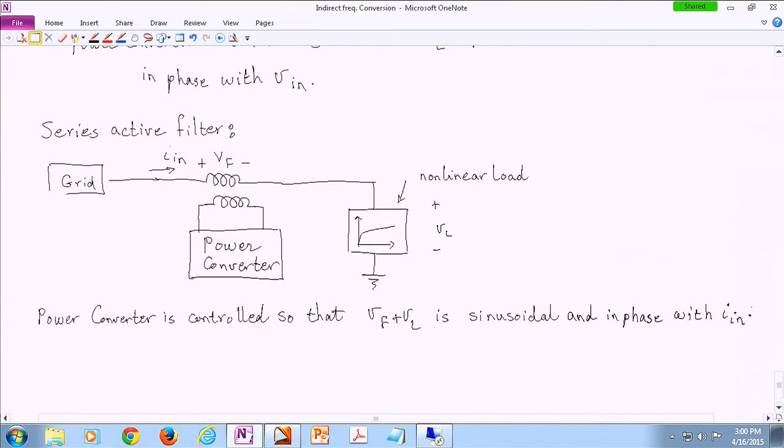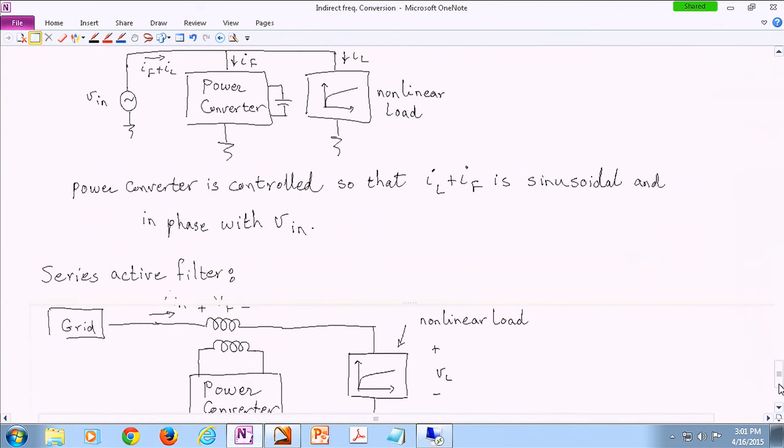So this is all about a series active filter.